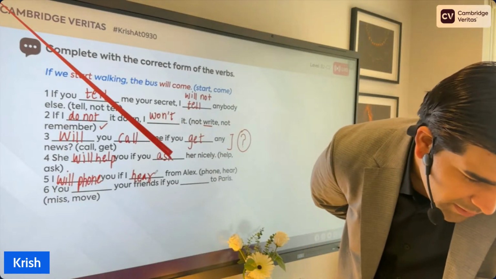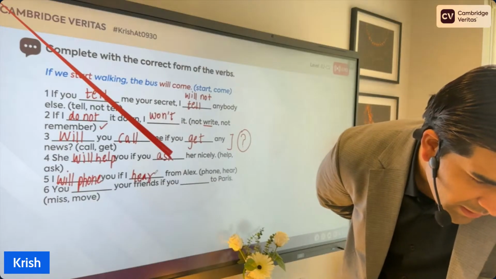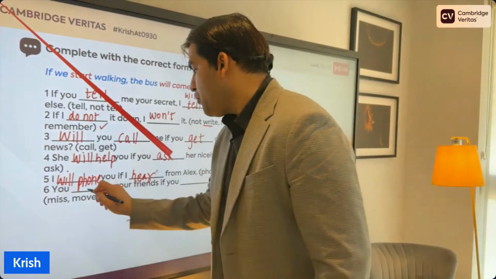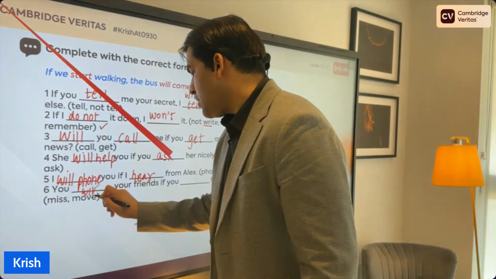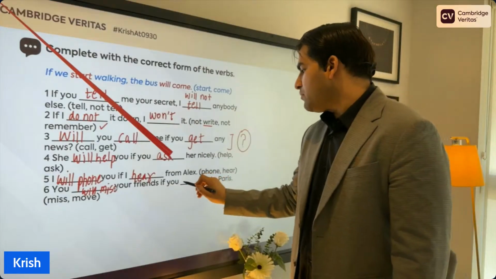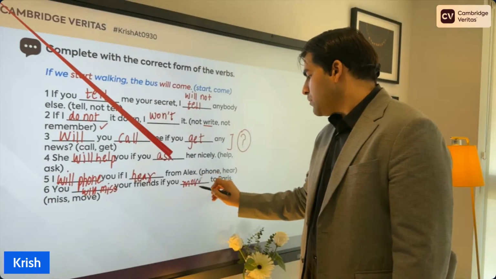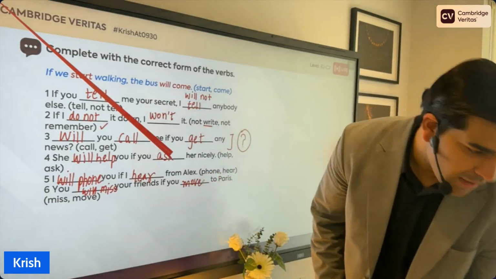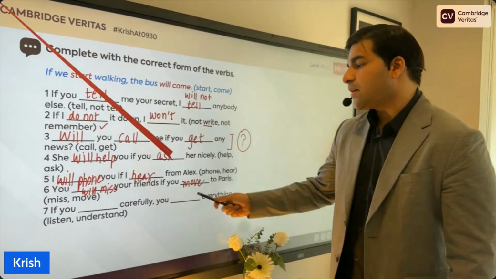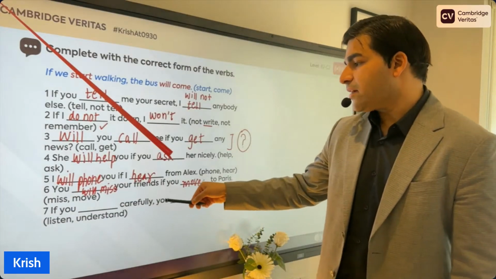Malika, Priya, Nagashri, Divya, Afifa. Okay, superb. Lavanya, lovely. You will miss your friends if you move to Paris. Lovely. Excellent. Number 7. There are 9 in total. This is the third last.